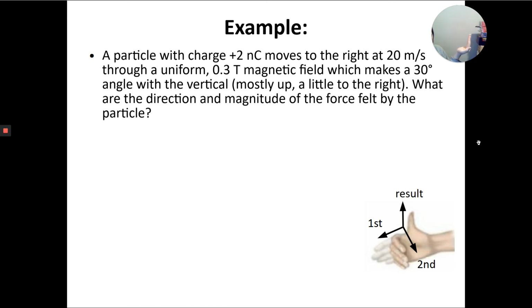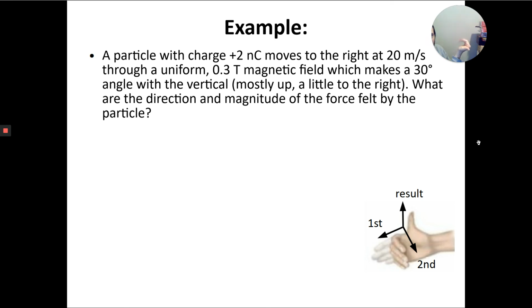In fact, I could choose any direction for the magnetic field in this range, and they would all give me the same answer for the direction of the force, because I don't have to turn my wrist.